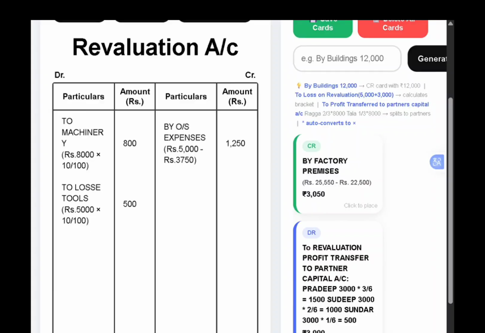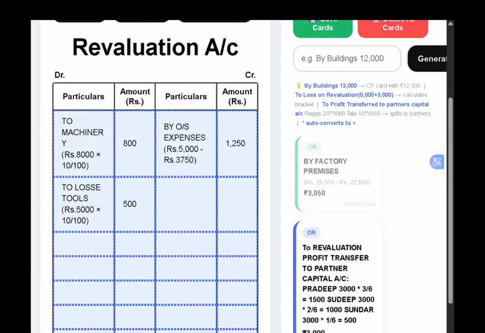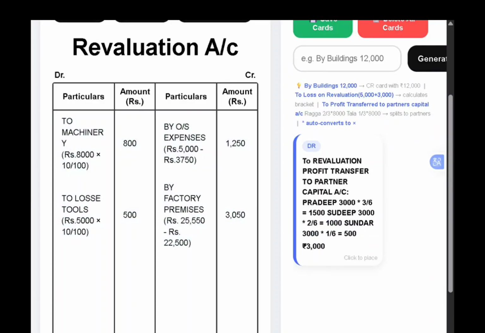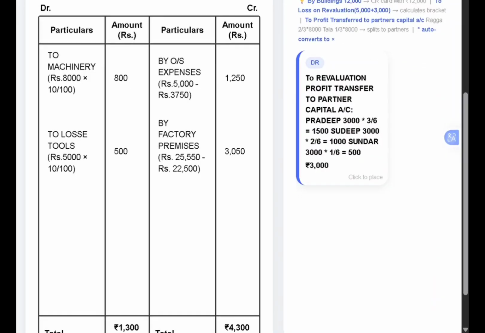So we write it on the credit side as by factory premises, which will be 25,550 minus 22,500, that is 3,050, the increase of factory premises. So we have recorded the increase of the factory premises.